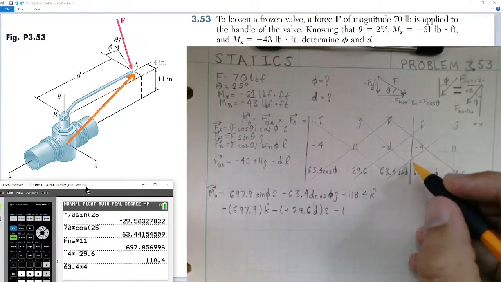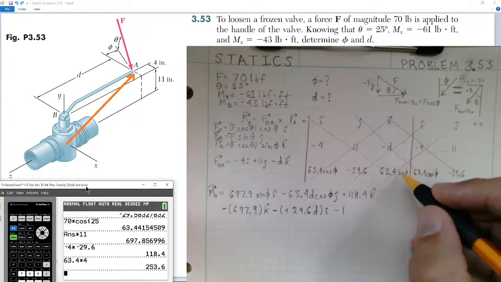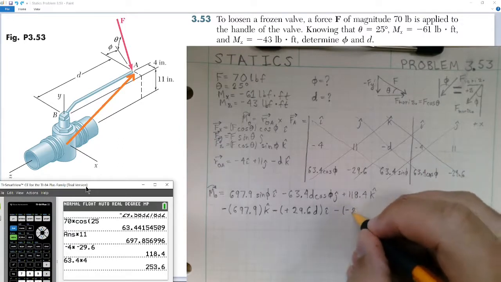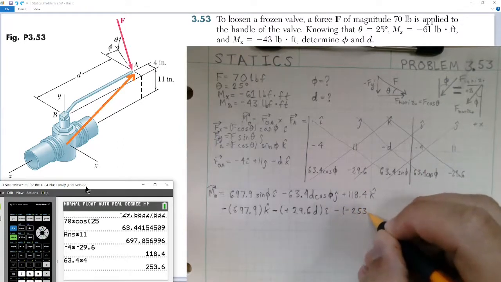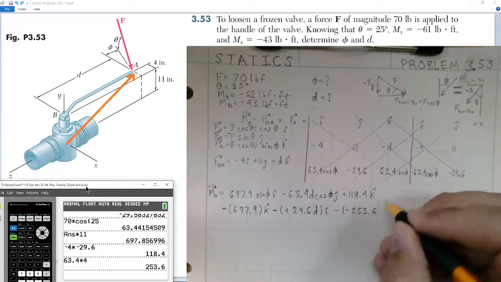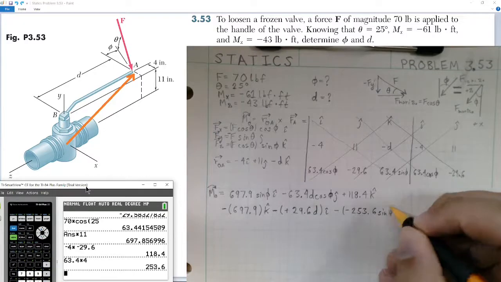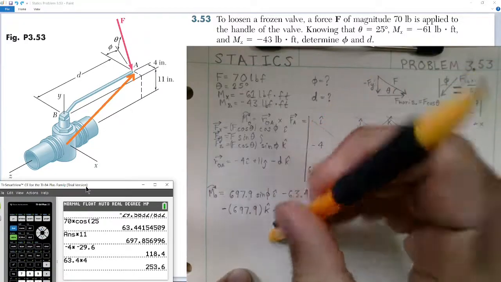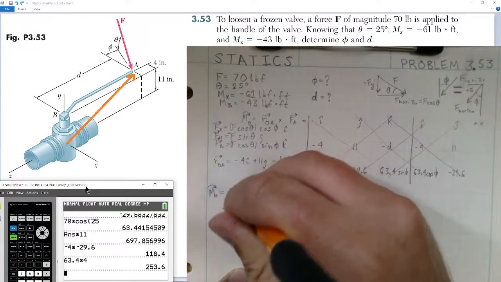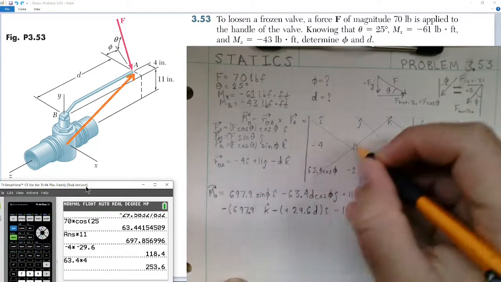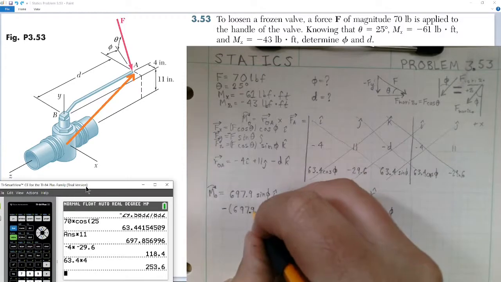So we're subtracting, and this is a negative inside, so it'll be 253.6, and then don't forget the sine of phi. I believe we did forget the cosine of phi right here. We need to go back and add this. 66.9, yes, cosine of phi.